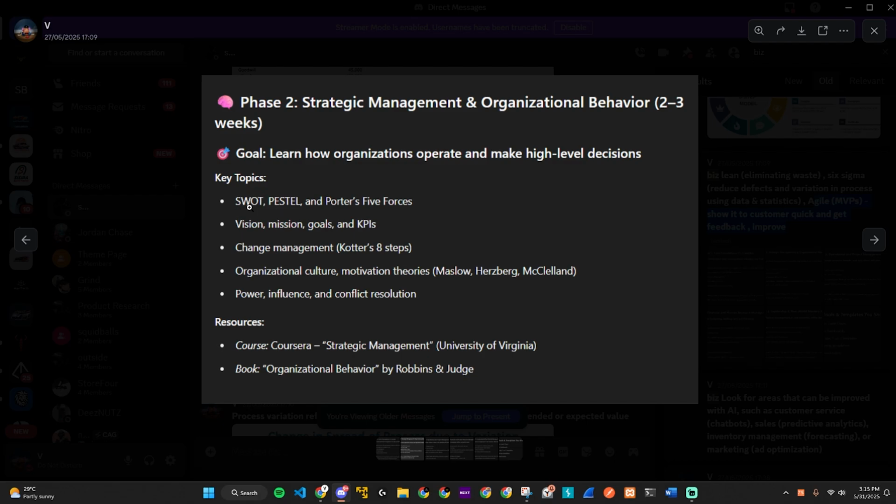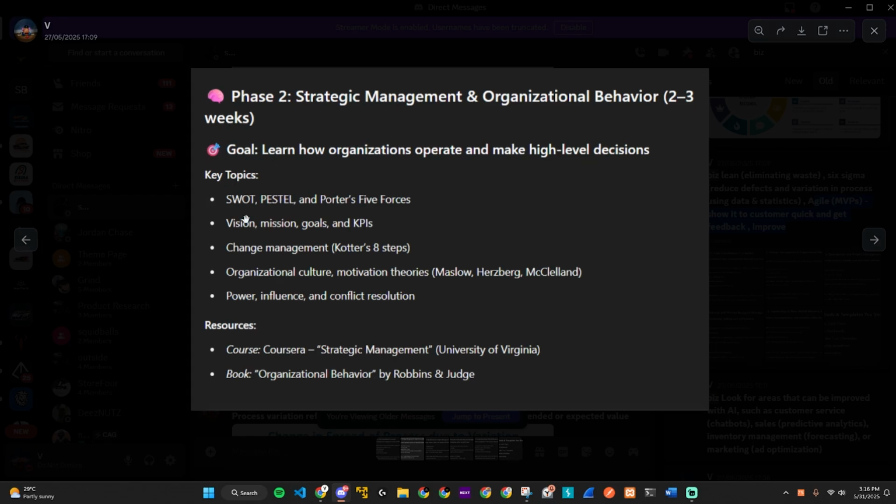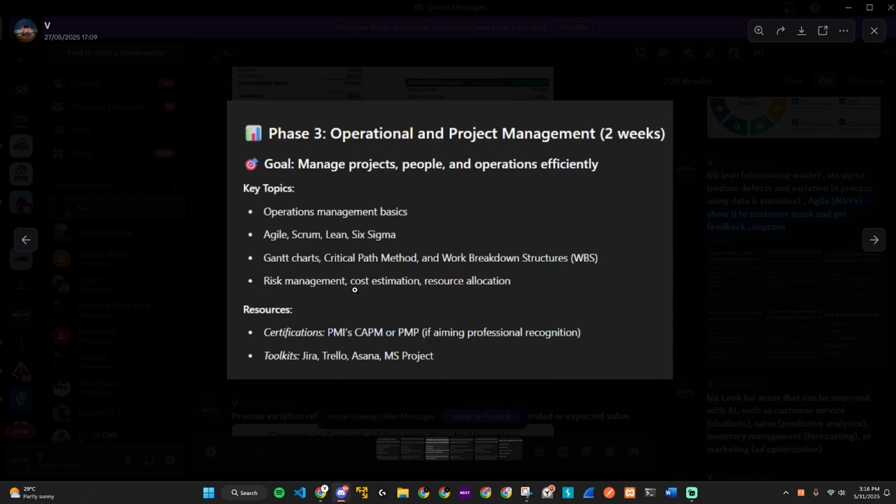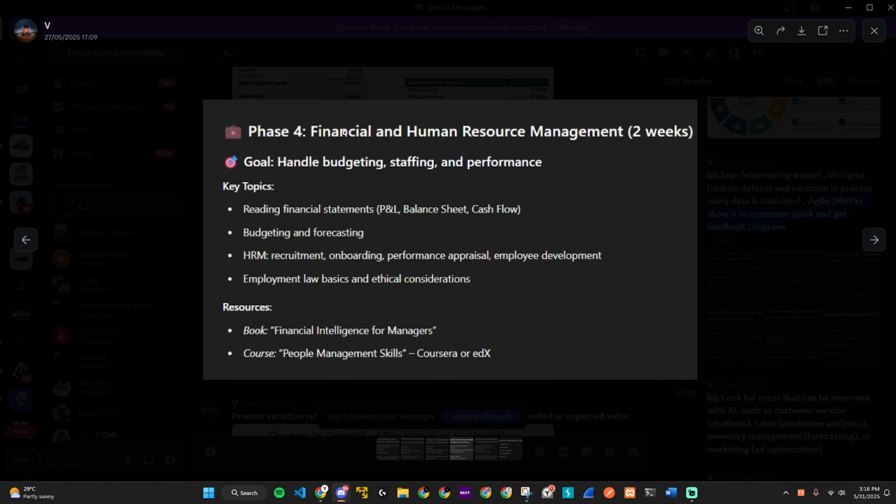Strengths, weaknesses, opportunities, and threats. Political, economical, social, technical, environmental, and legal problems. Culture's 8 steps. I think I've done now. So yeah, I mean, as you can see this. Human resource management.